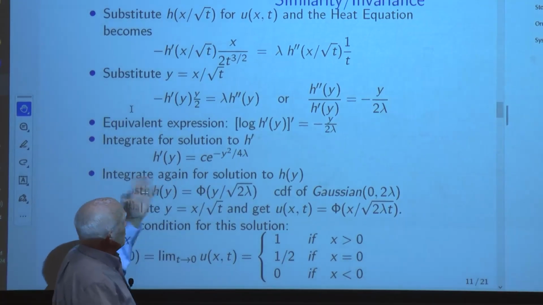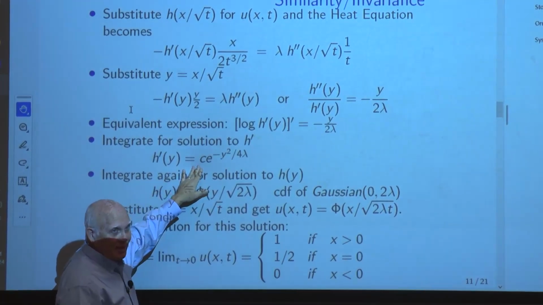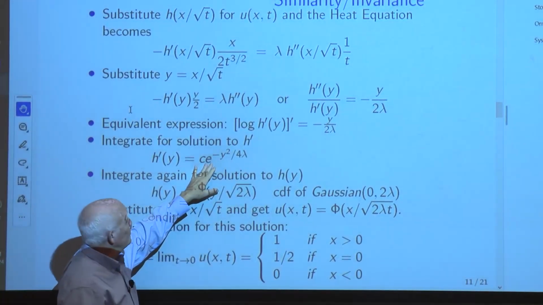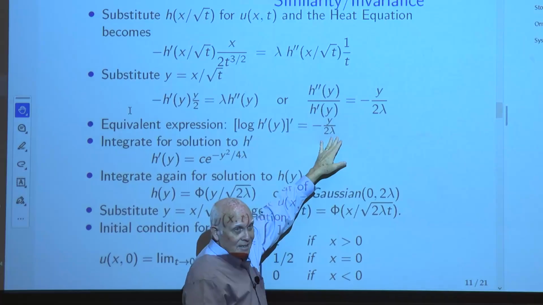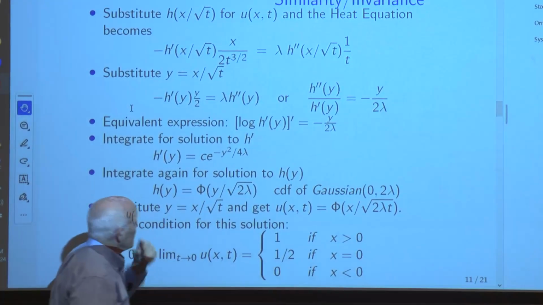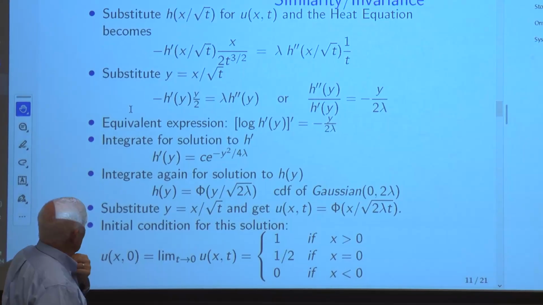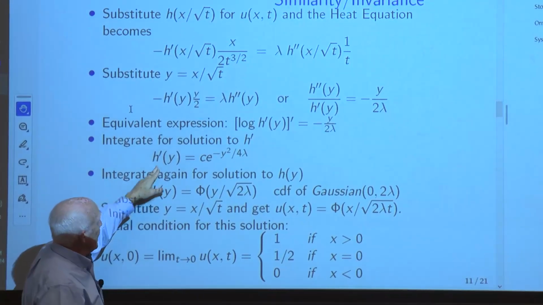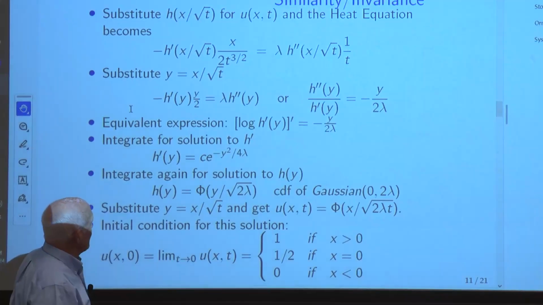And we just integrate both sides to get the solution for h prime is just a constant times the exponential of the integral of this, which is minus y squared over 4 lambda in the exponent. And then we integrate this again to get a solution for h of y.